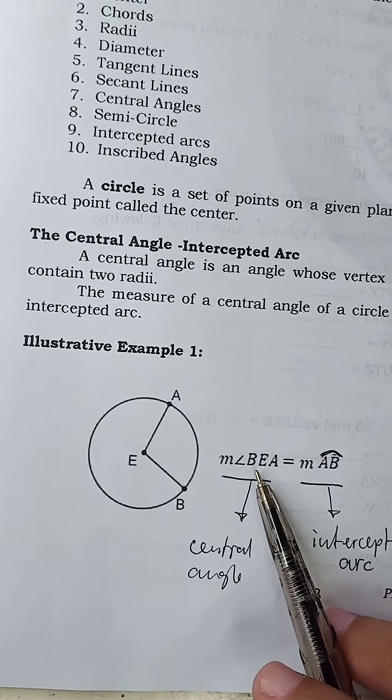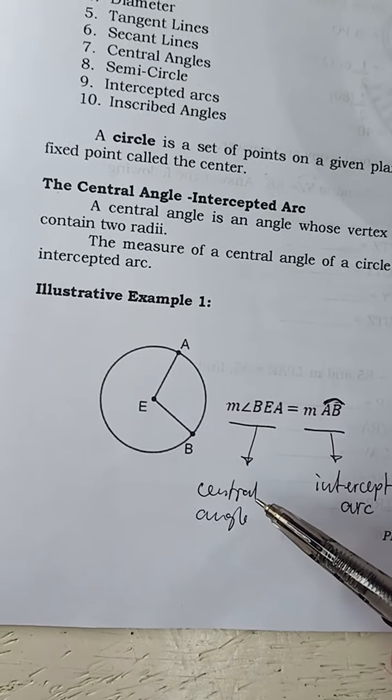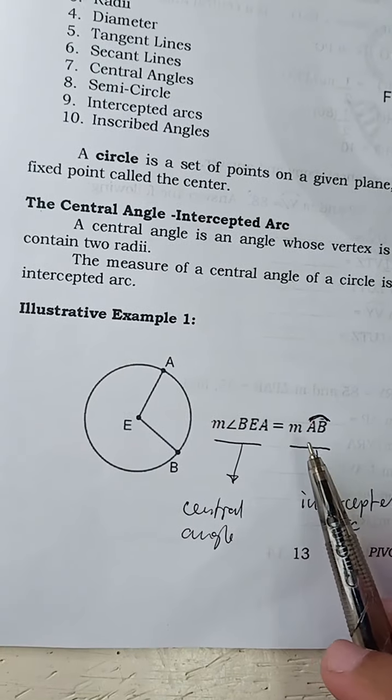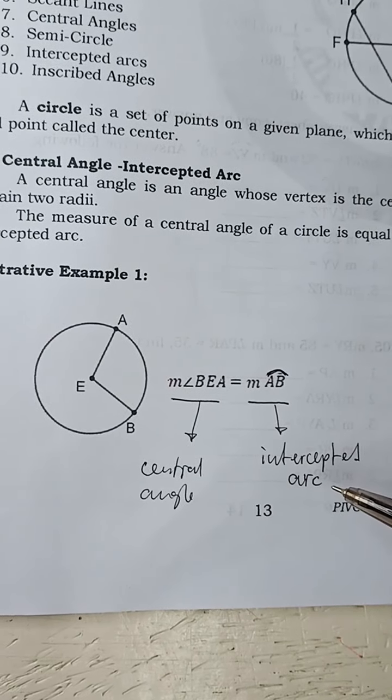So we have a circle with the corresponding chords and arcs. The measure of angle BEA, which is our central angle, is equal to the measure of arc AB, which is our intercepted arc.